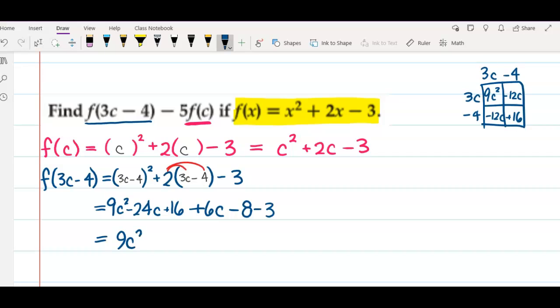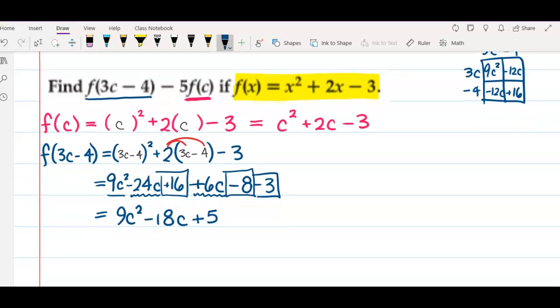Nothing combines with 9c squared, but I can combine my negative 24c plus 6c and get negative 18c. And then I can also combine my 16, negative 8, and negative 3. That gives me 5.